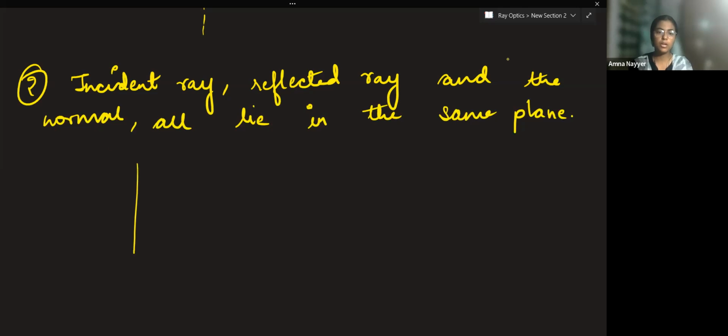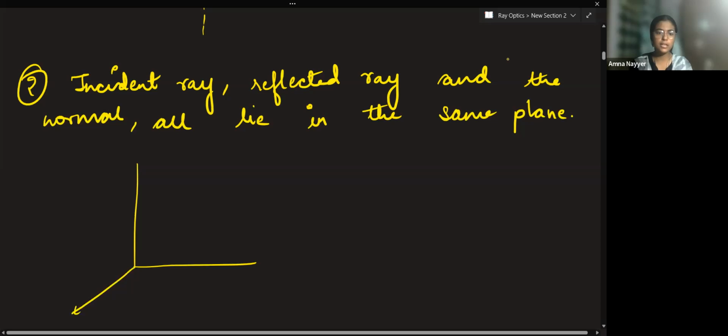So this means what? These are your axes, y, z, x.